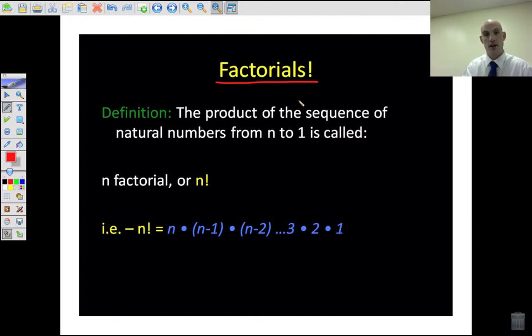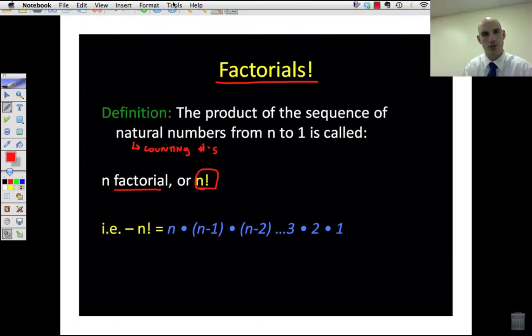The definition is the product of the sequence of natural numbers, counting numbers, from n to 1. It's called n factorial or n exclamation point. So n factorial is n times n minus 1 times n minus 2 times n minus 3 dot dot dot 3, 2, 1.